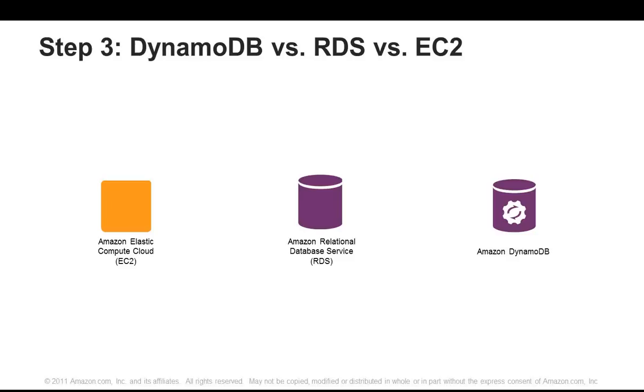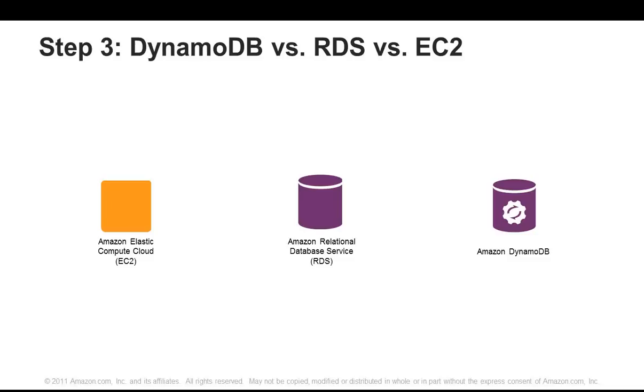So this is a key step in developing your architecture. In most of the architectural diagrams I'll have moving forward, I'll generally use Amazon RDS, but you could substitute Amazon EC2 or Amazon DynamoDB into the database tier of those architectures.